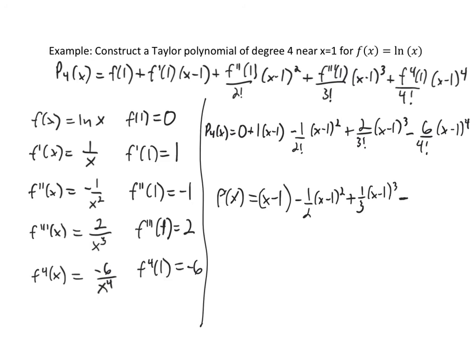And then we've got our negative 6 over 4 factorial. 4 factorial is 24, so 6 over 24, that's 1/4 x minus 1 to the fourth. And so that's how we do a Taylor polynomial that's centered at something other than 0.